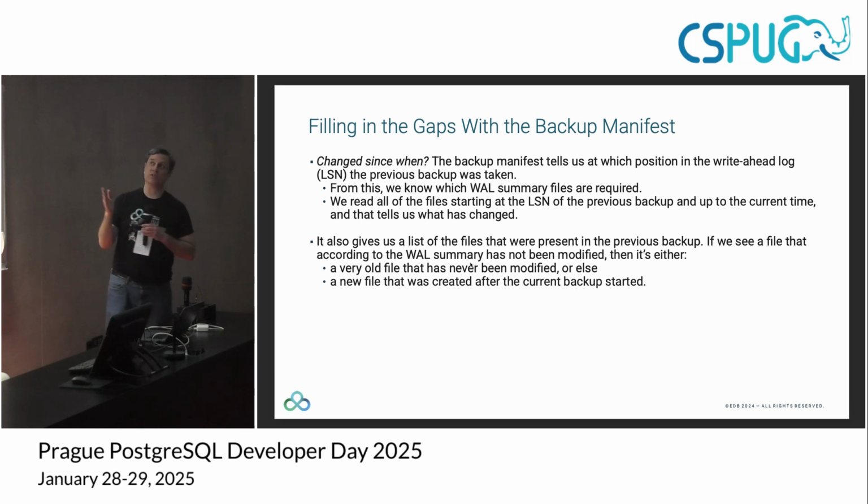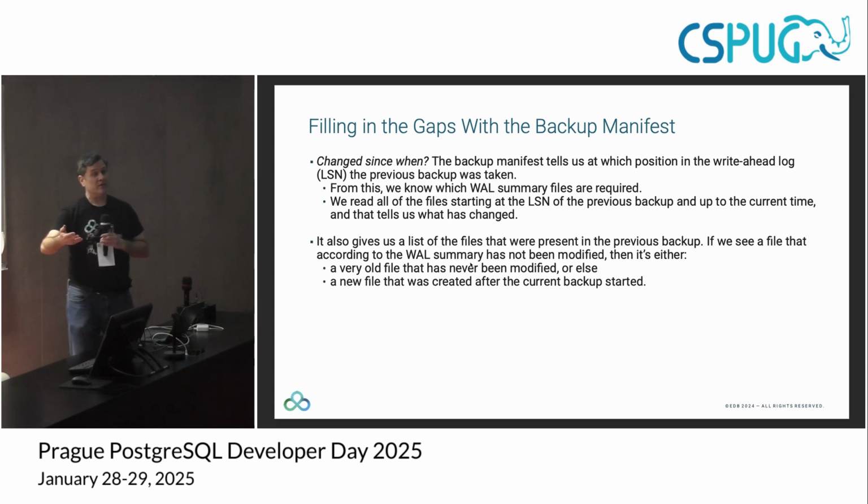Because unlike some other systems, PostgreSQL does not pause writes to the data directory while a backup is in progress. So it's possible that we looked at all the WAL summary files, made all of our plans, and then started looking through the data directory. And as we were doing that, poof, a new file showed up.